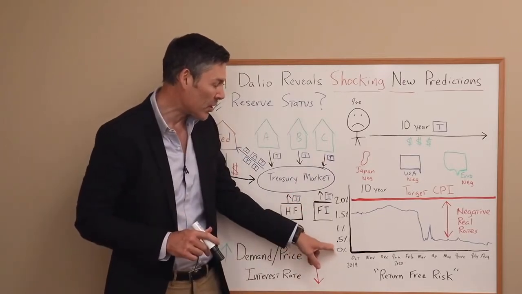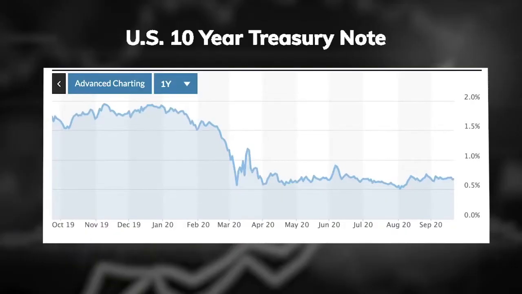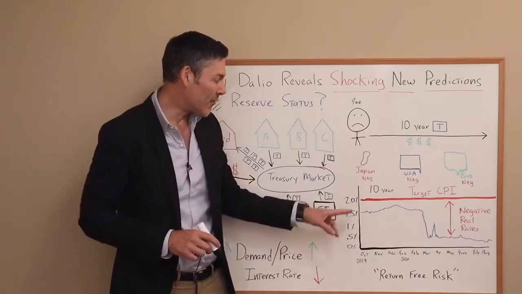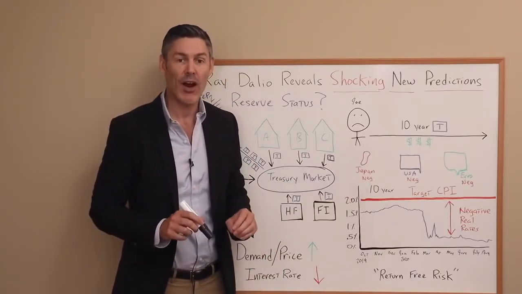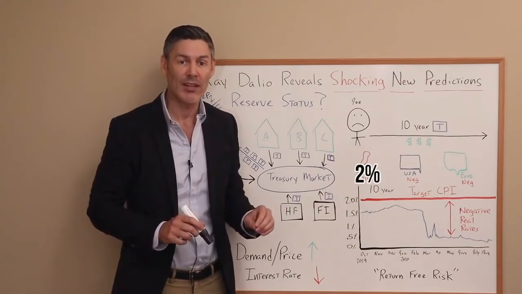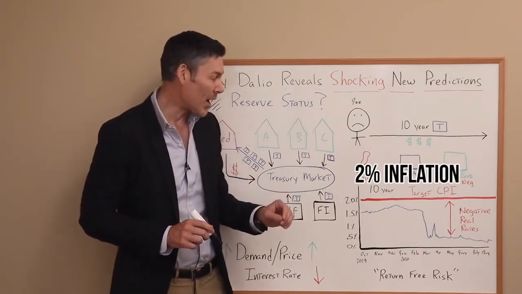Going back to the chart of the 10-year Treasury from 2019 to August of 2020, it started off at about 1.5%. When they came in and did QE infinity in March, those interest rates went all the way down to about 0.5%. But let's keep in mind that the Fed has come out and explicitly said that they're trying to achieve 2% inflation, if not higher.